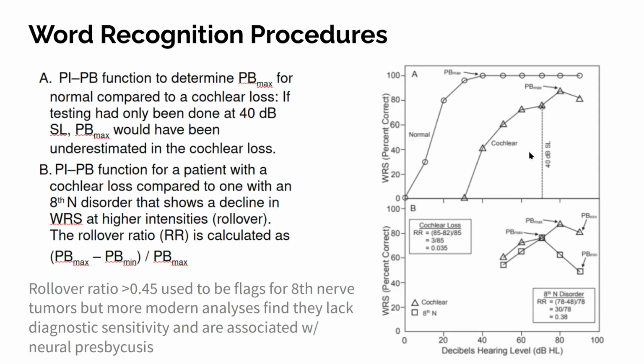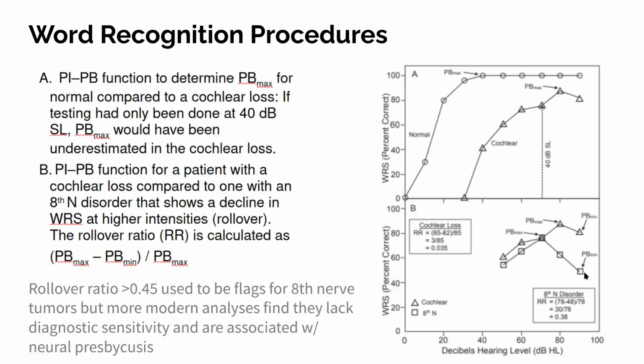So we can see here the person with the eighth nerve disorder declines in word recognition abilities at high levels, whereas the person with cochlear hearing loss does not. And there is a formula, PB max minus PB min divided by PB max, that can give you the rollover ratio.